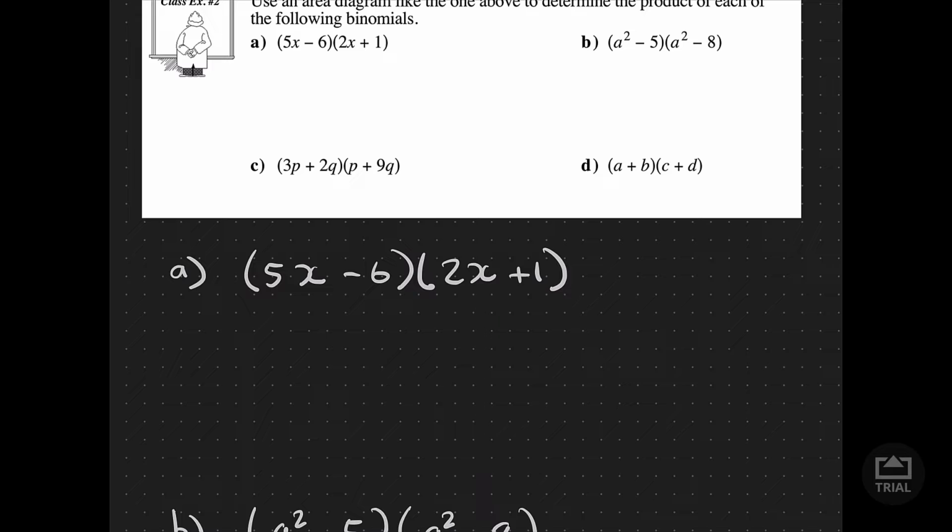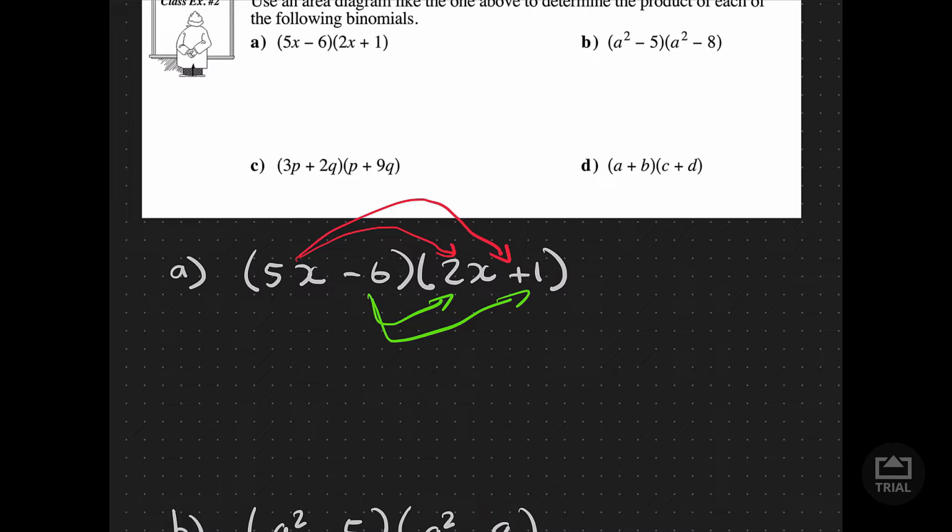Now, just like before, we can sort of feed the chickens again, except we've got two farmers here. But it's the same process. Essentially, this 5 needs to be multiplied by that and by that, and then the negative 6 needs to be multiplied by that and by that.